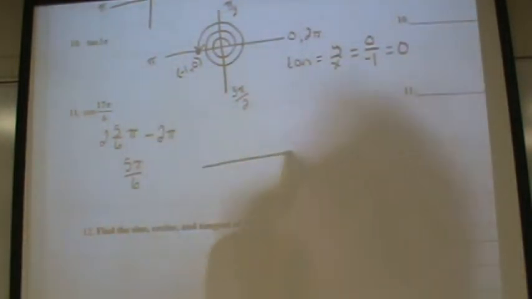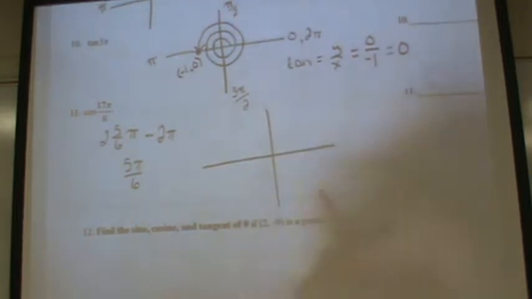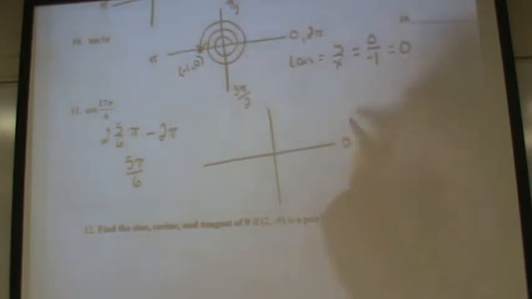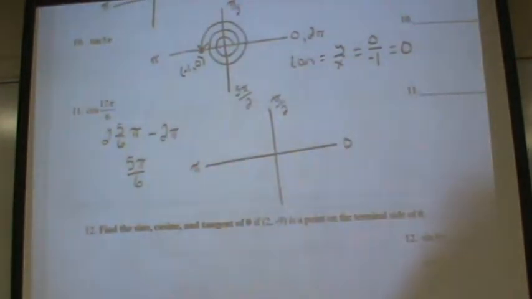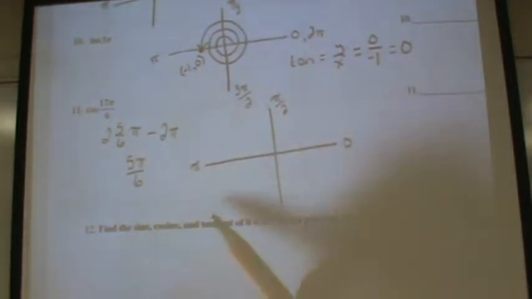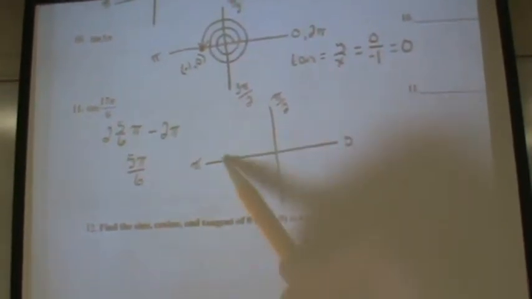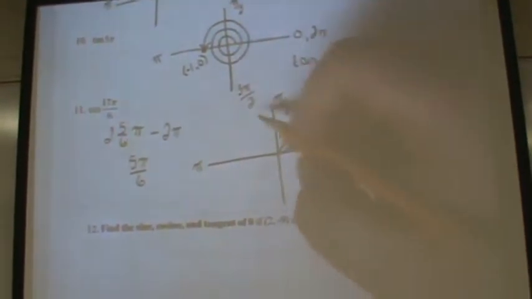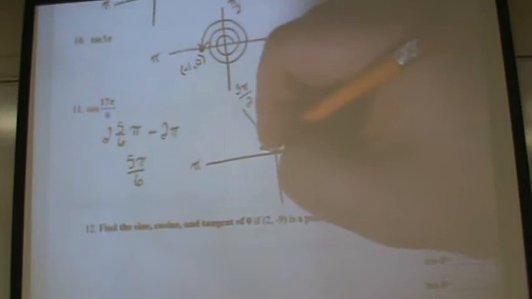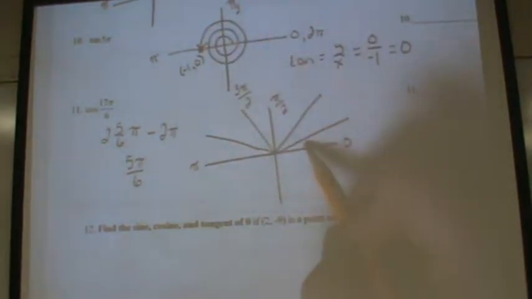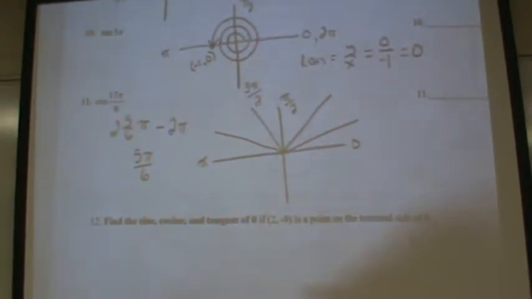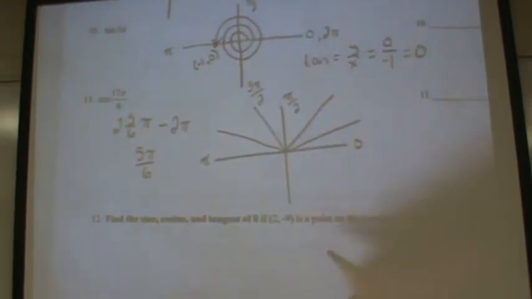So again, we need to find where 5 pi over 6 is. Again, we have 0, pi over 2, and pi. We want 5/6 of pi, so that's almost pi, but we're going to divide each of our quadrants into 3s. So now we have 1, 2, 3, 4, 5, 6 sections, and we want to go 5/6 the way.